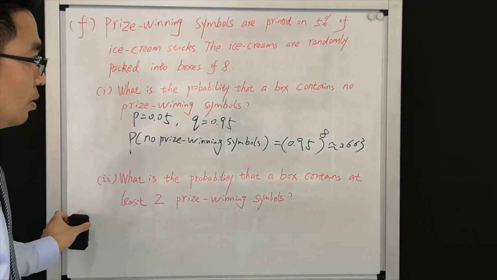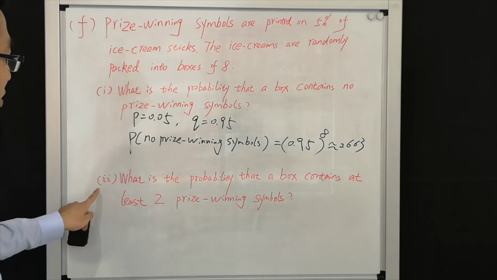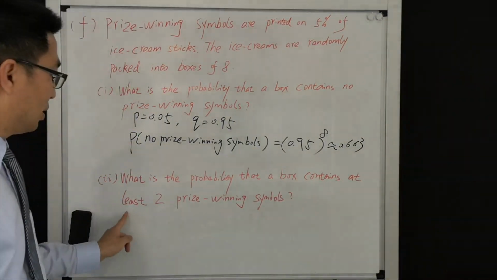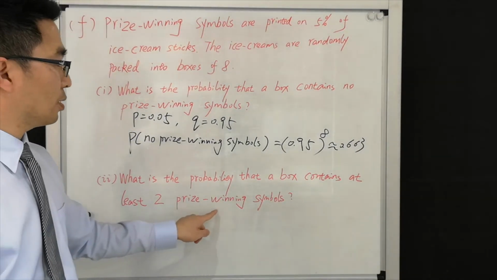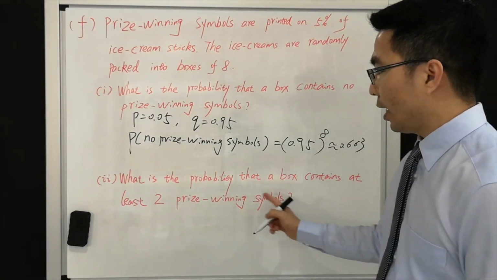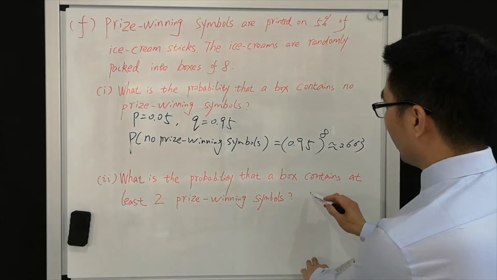Good? Yep. Okay. The second one. What's the probability that a box contains at least 2 prize winning symbols? So to handle a question of at least 2, for example, we have one box.